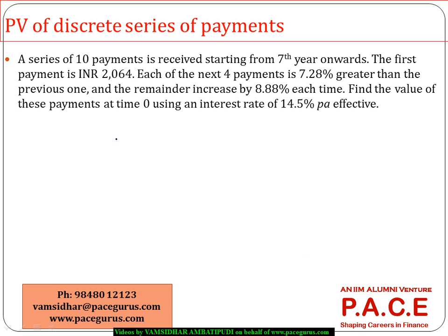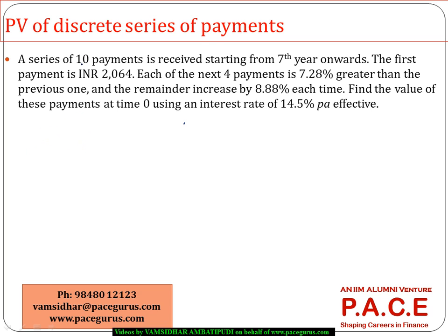Now let's look at the computation of the present value of a series of payments which are increasing by a certain rate for a certain period. So I can use the basic fundamentals itself to try finding out the present value.